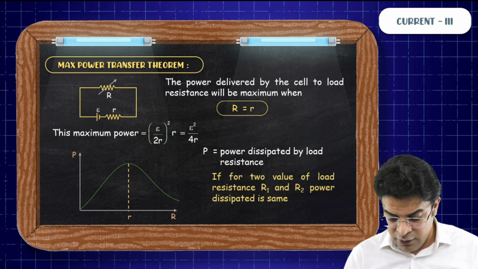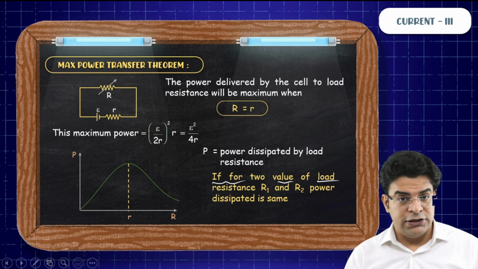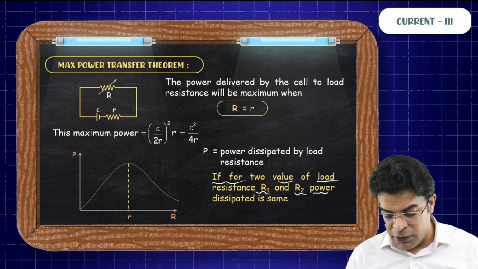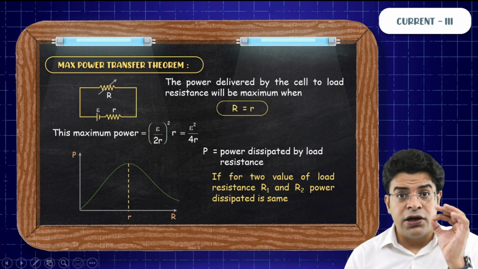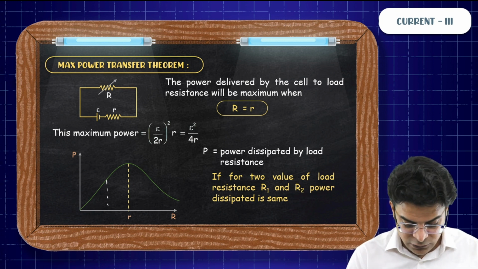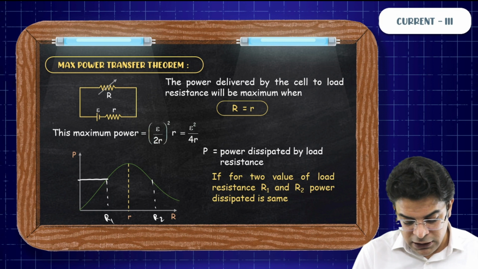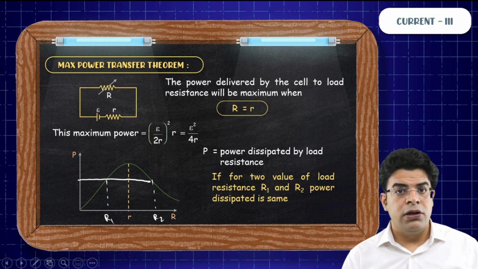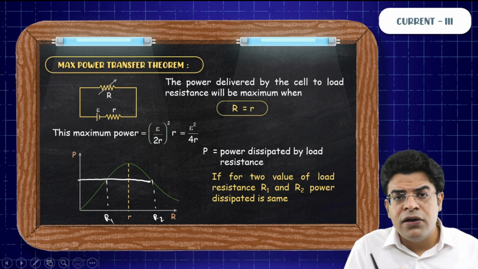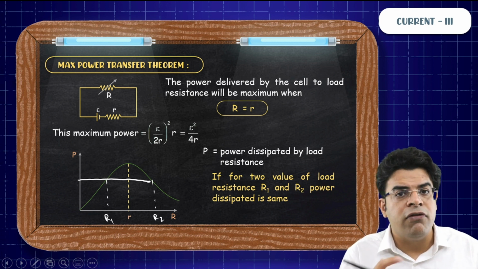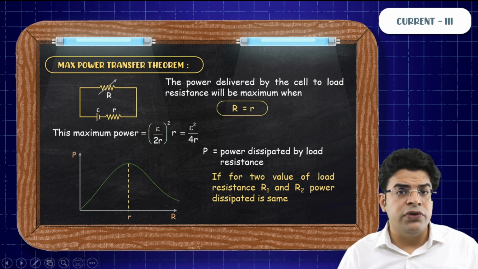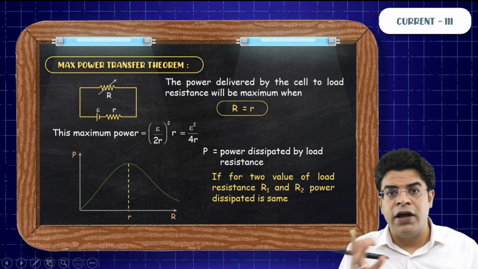Now, let's say there are two values of load resistance, R1 and R2, for which the power dissipated comes out to be the same. Then how can we write the internal resistance of the cell in terms of R1 and R2? This is a result you need to remember. It will be helpful for your examination.